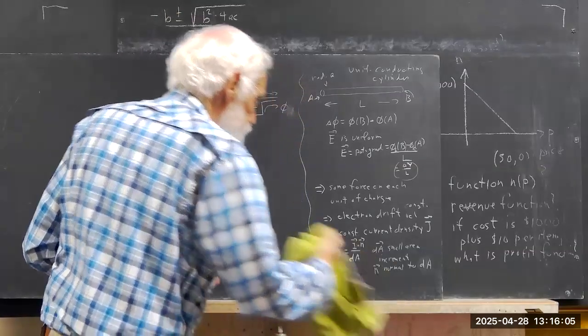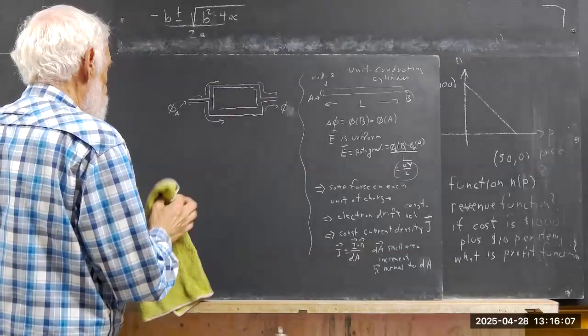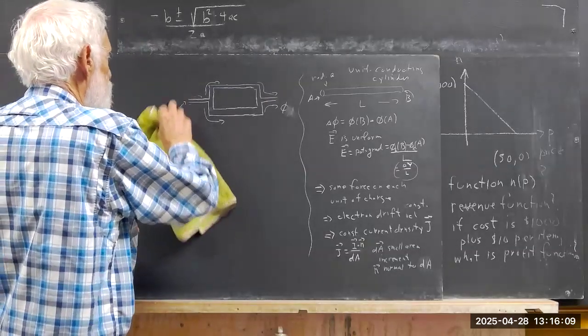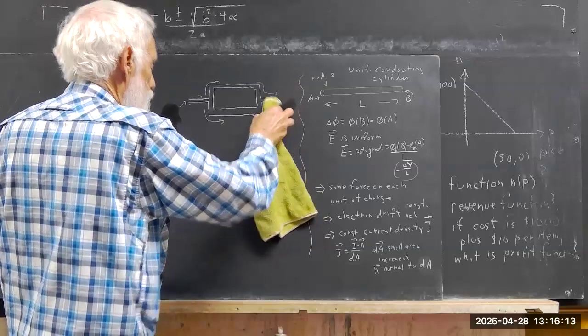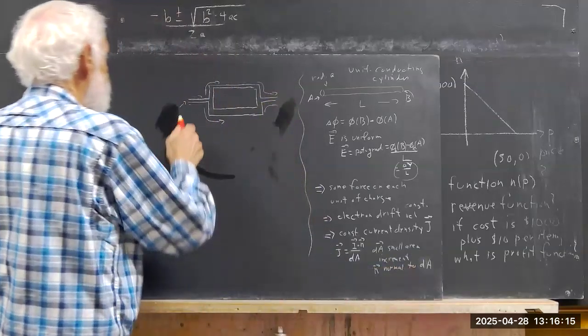I'm going to use B. I keep wanting to put the A and the B subscripts. Bad impulse. I always have to go back and correct it.